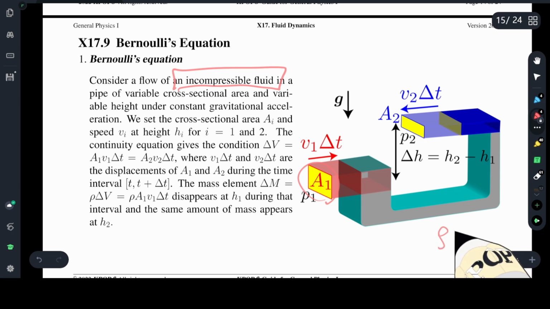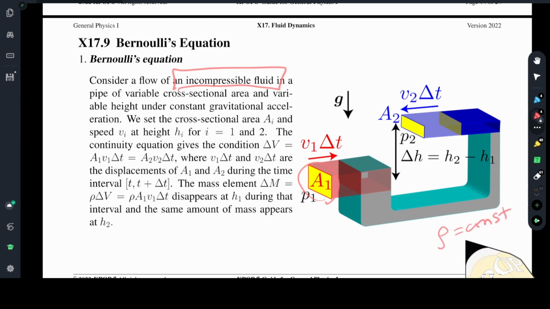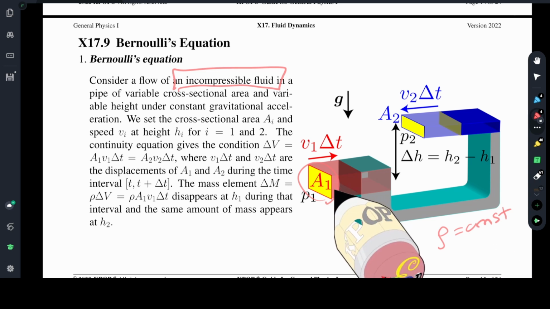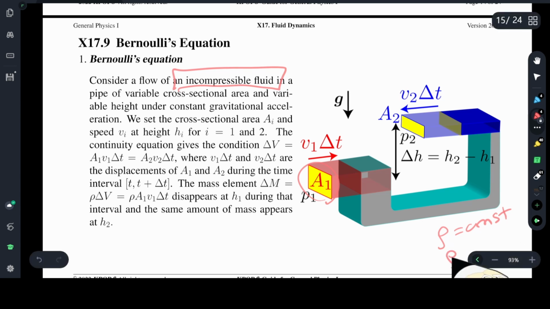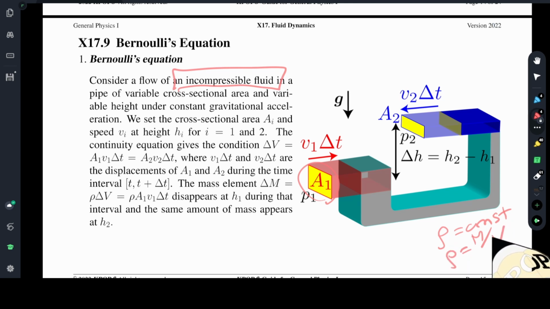We have rho equals constant and mass is invariant. That means rho equals mass over volume. It is not compressible, so volume is strictly proportional to mass. So if there is no mass lost or gained, then the volume should be preserved.